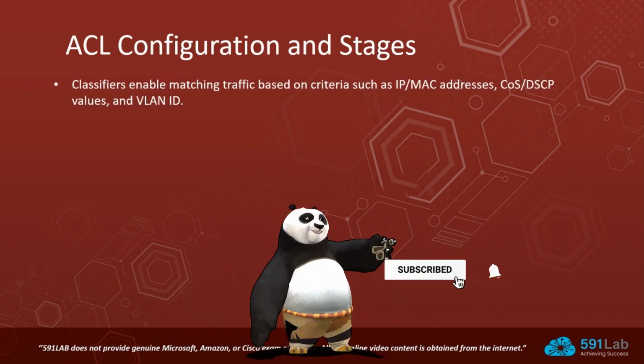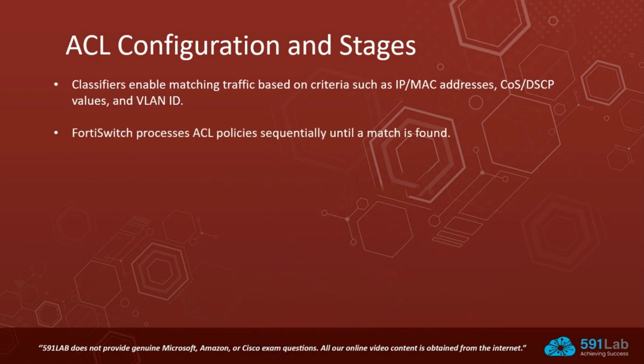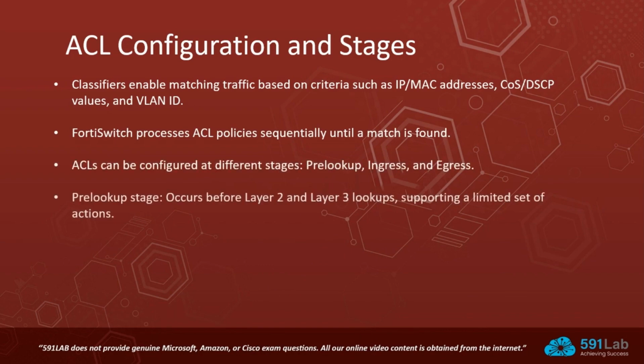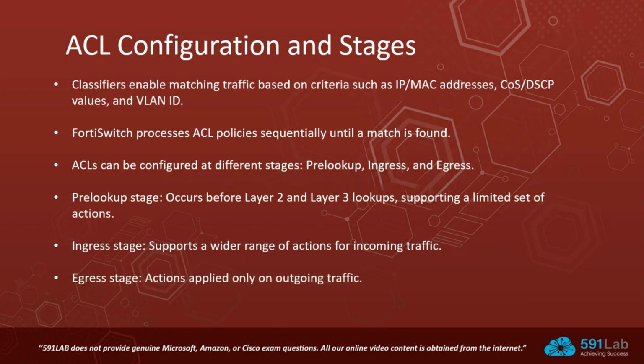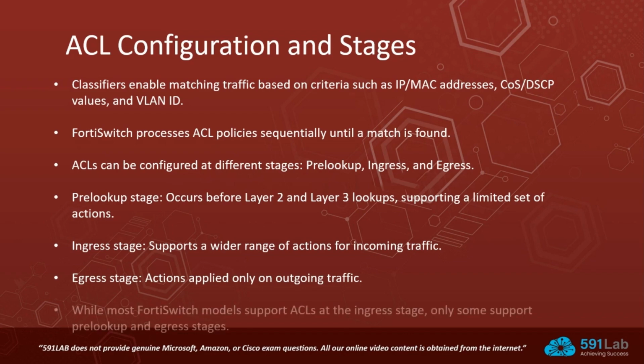First one, traffic processing. It includes count, drop, redirect or mirror frames. Second one, QoS, quality of service. It includes rate limit, set egress queue or remark COS, class of service, and DHCP values on frames. Third one, VLAN, set outer VLAN tag on frames.